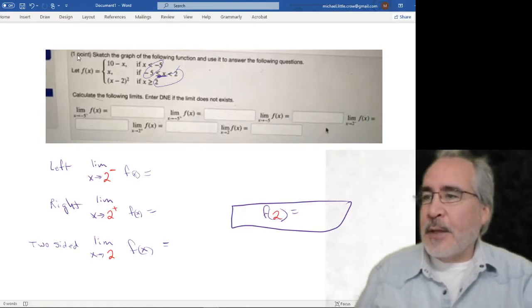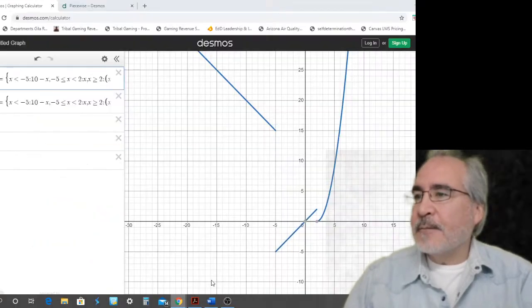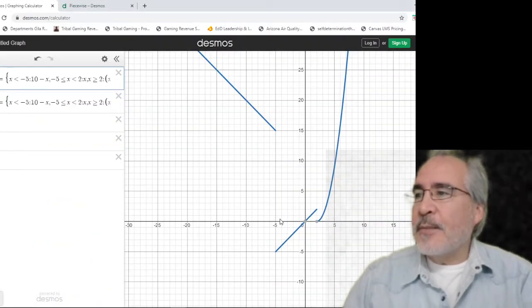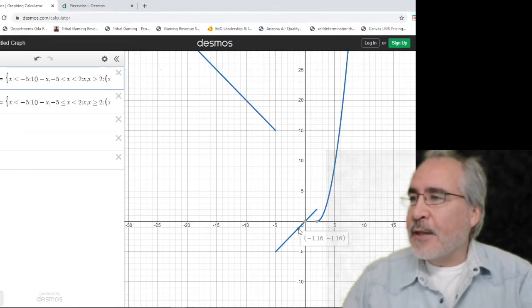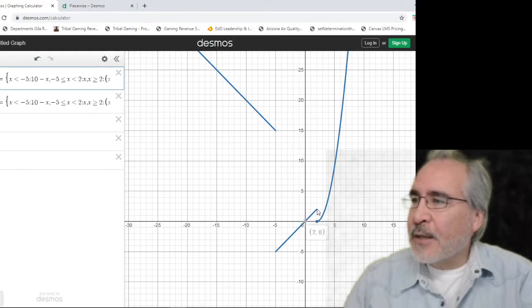So again, going from the left, we come down, and so from the left, we're on this piece of the function. As you see, as we get closer and closer to x equals 2, we're getting closer to y equals 2 as well. Now, it jumps down there.